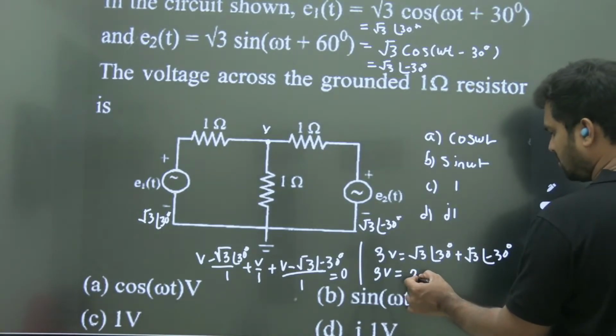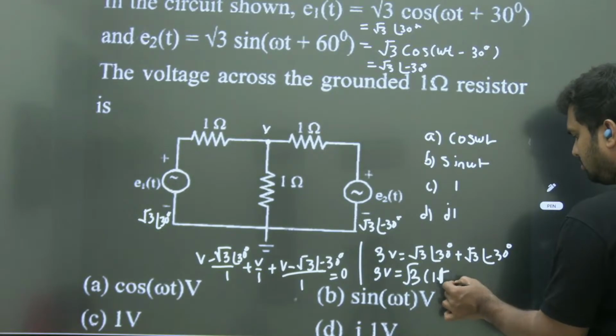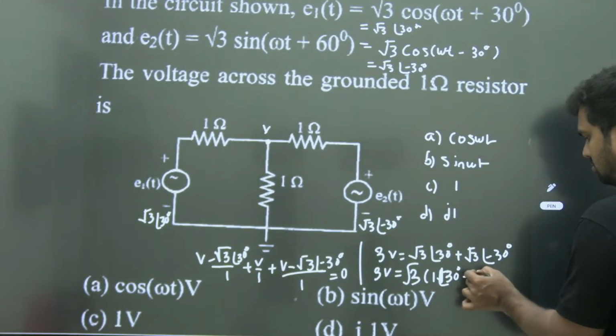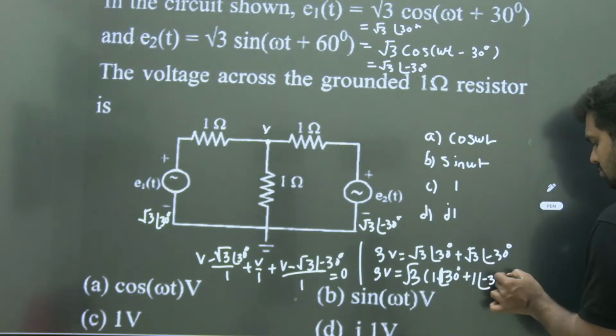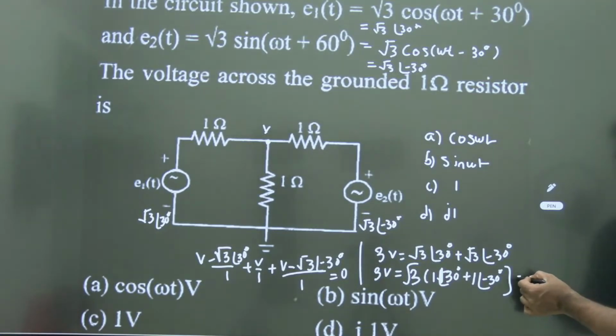इसमें आप √3 कॉमन ले लो, वन एंगल, सो 3 एंड √3 तुम्हें कॉमन ले लिया, this will give me 3 angle 0 degrees equal to 1 angle 0 degrees, that is cos omega t.